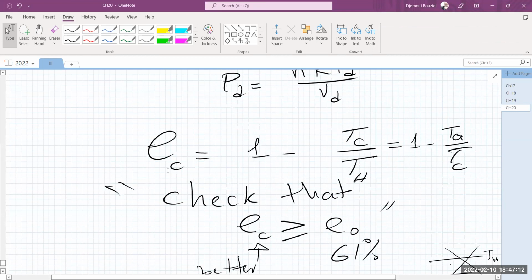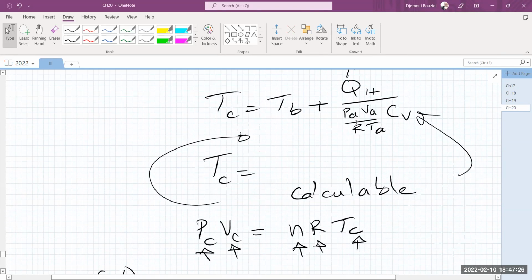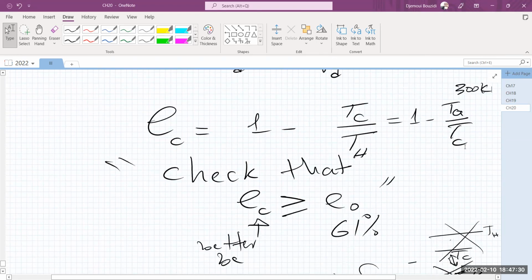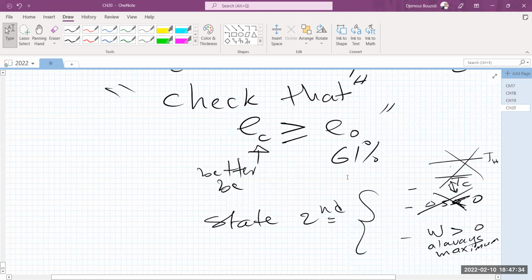So you do the calculation in here. You have TA, you have TC. TA is 300 Kelvin, so this is a given. So all you have to do is make sure you find TC from this calculation, and you do 1 minus that ratio of 300 over that number, and this should give you a number that is more than 0.611.